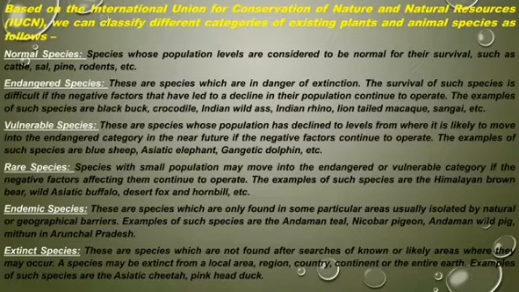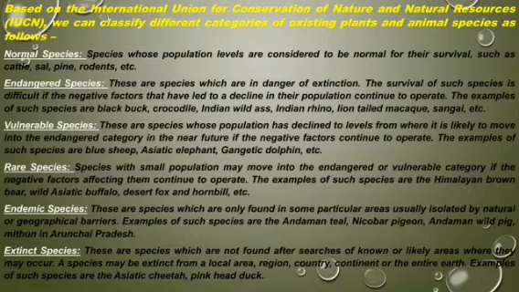You know, if we do not take positive measures, their number day by day will decrease and they will be grouped into the extinct species. Now we have to take measures to protect them. Some examples here are black buck, crocodiles, Indian wild ass, etc. Vulnerable species are those species whose number is larger than the endangered species.